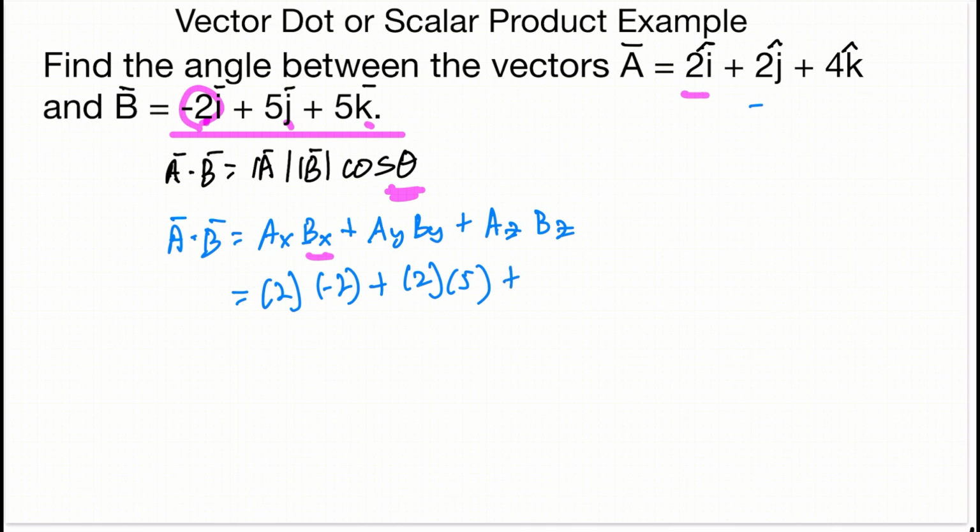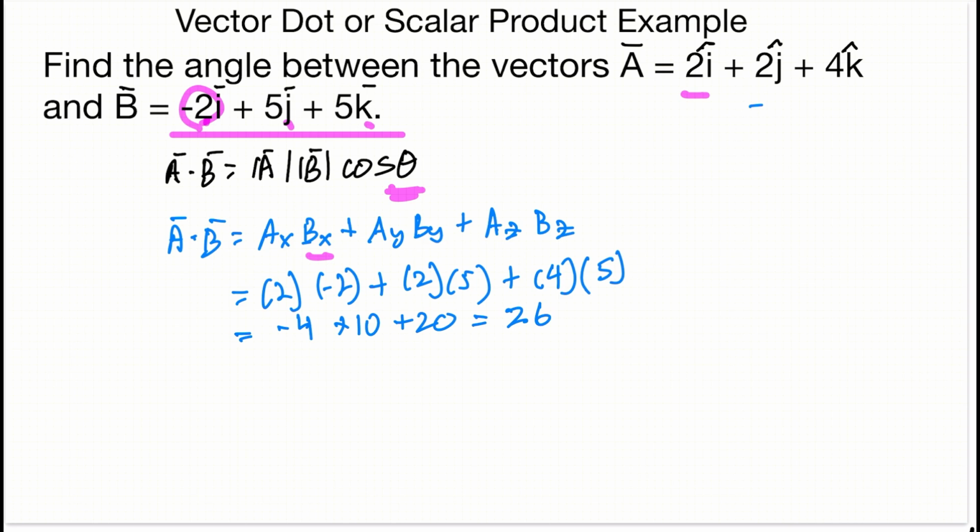AZ is 4, and BZ is 5. Multiplying all those out, we get minus 4 plus 10 plus 20, which is equal to 26. So that is the dot product A dot B.